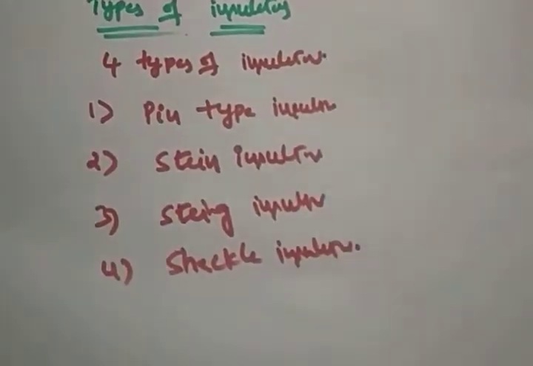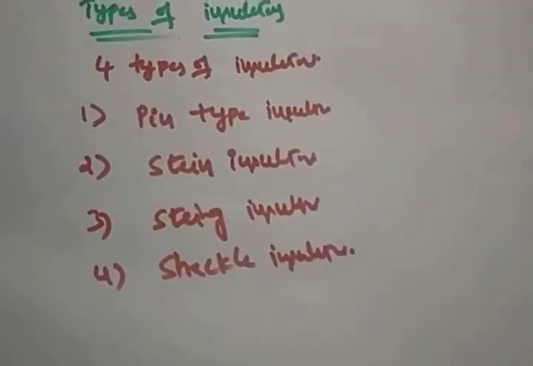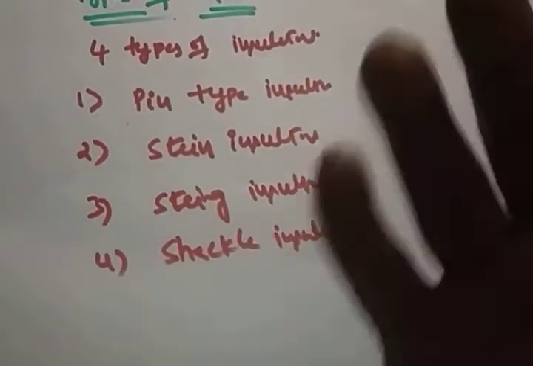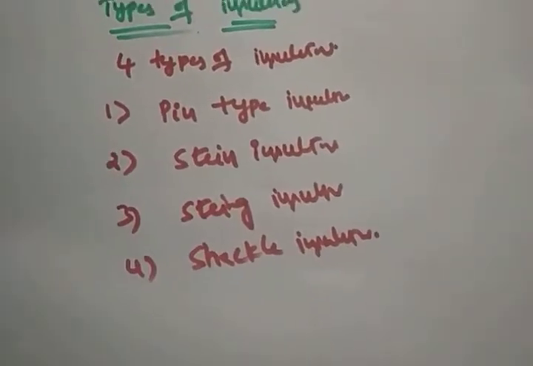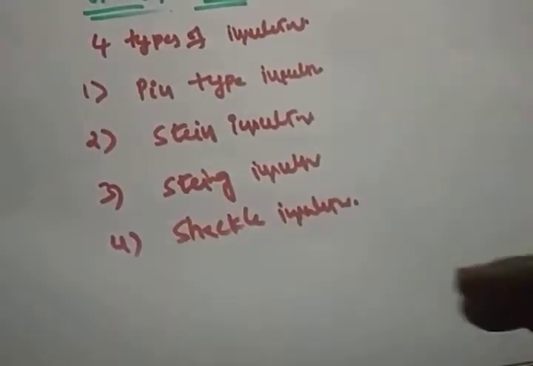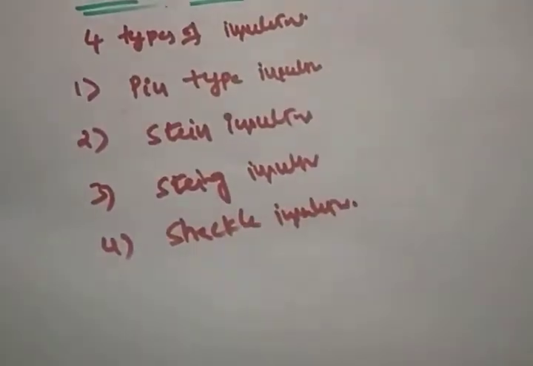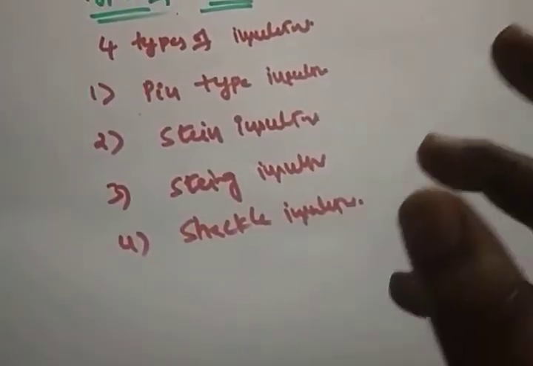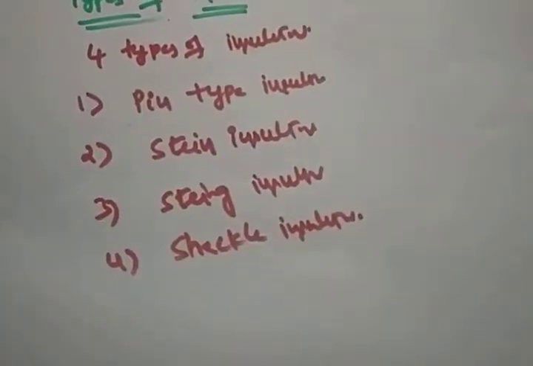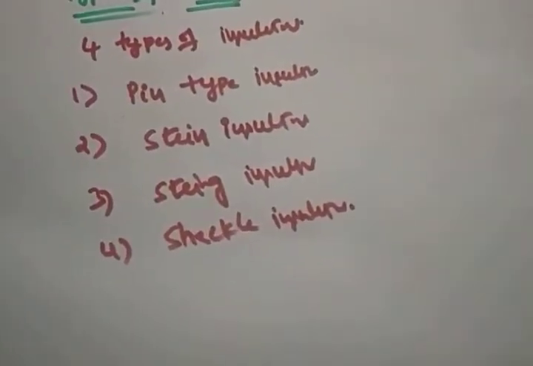What is a strain insulator, its structure, and how much voltage it can withstand. After that string insulators, and where shackle insulators are used. In the next session we will discuss each insulator with a neat diagram and the voltages it can withstand.